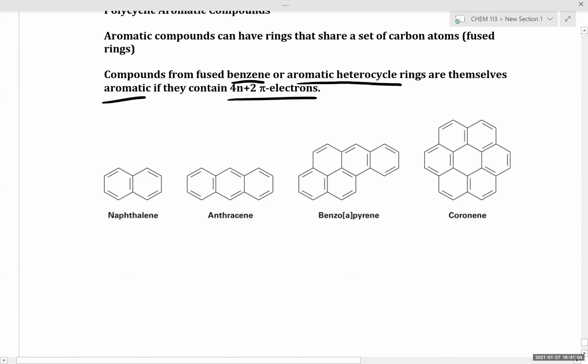These are some examples: naphthalene, anthracene, benzopyrene, pyrene, coronene. All of these are polycyclic aromatic compounds. So that's all I have for chapter 15.